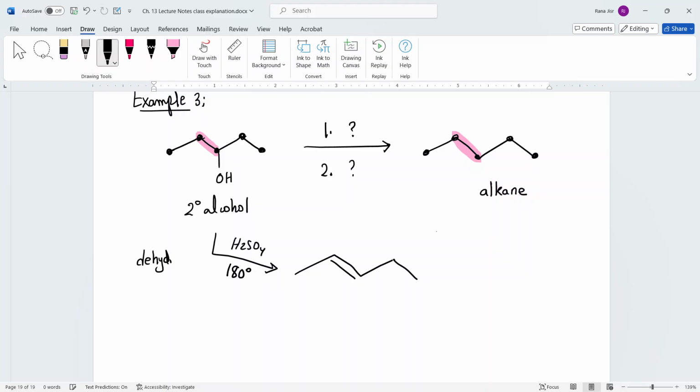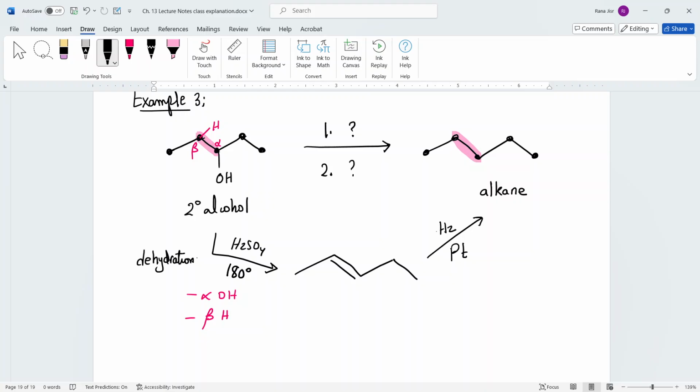This is the dehydration. And in the dehydration, what did I do? I lost the alpha OH and the beta hydrogen. So that is going to be the beta hydrogen. Lose the alpha OH, lose the beta hydrogen in there. And in this place there, I'm going to create the alkene. Now, once I create the alkene, now I can go ahead and add hydrogen in presence of any catalyst that I know, which is something like Pt or nickel.